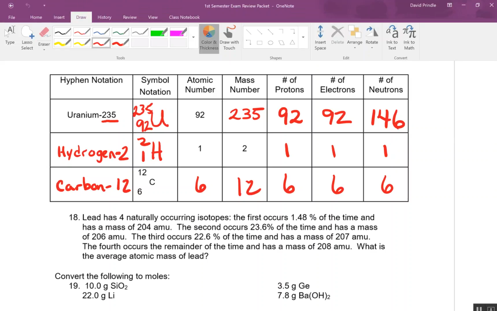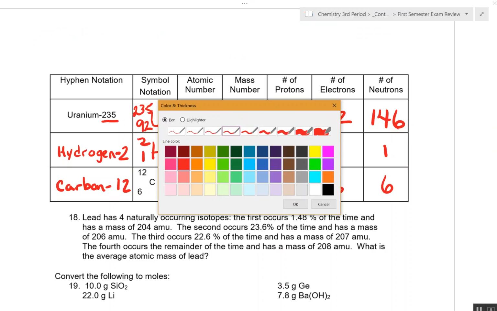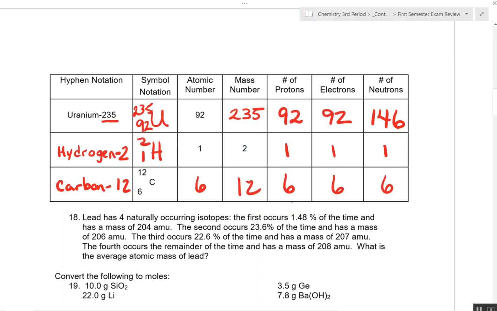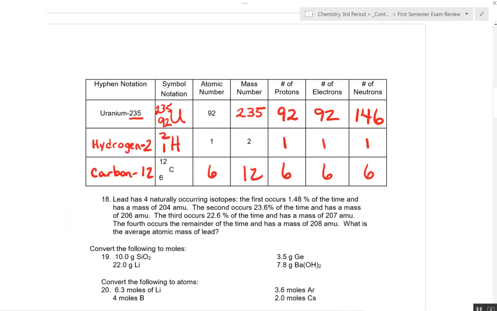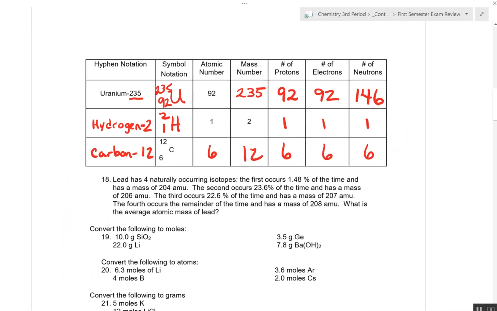Now, I'm going to thin up the line here. Says lead has 4 naturally occurring isotopes. The first occurs at 1.48% of the time and has a mass of 204 AMUs.